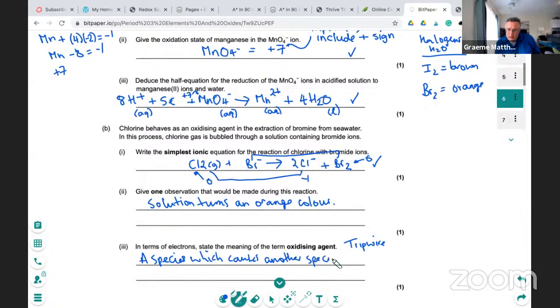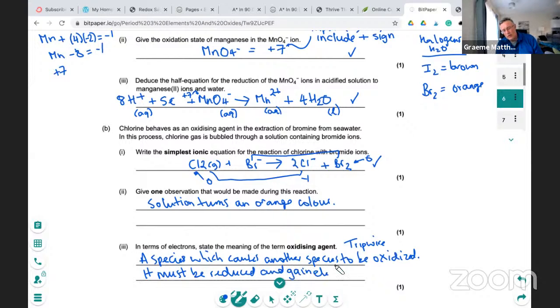It causes another species to be oxidized, which means that if that species has lost electrons, then the oxidizing agent must gain electrons. Because those electrons the other species has lost, because it's being oxidized, have to go somewhere. So they've got to go to the oxidizing agent. So it must be reduced and gain electrons.